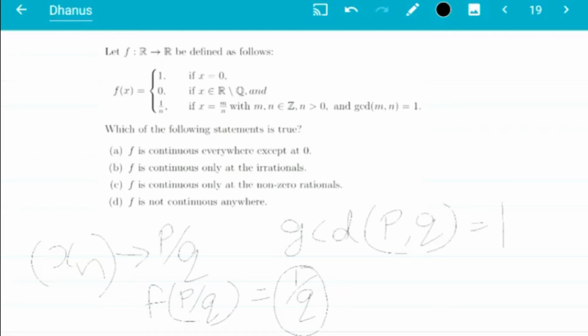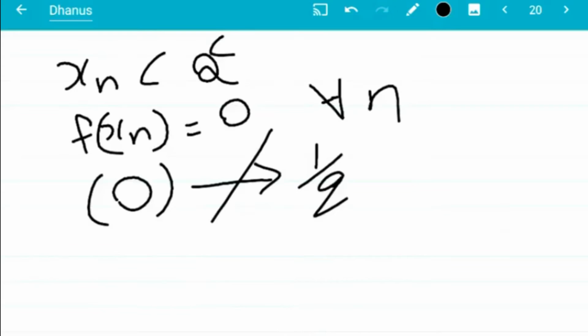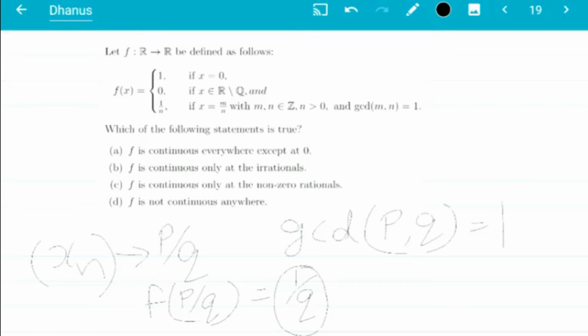Here I am using continuity by the idea of sequences.